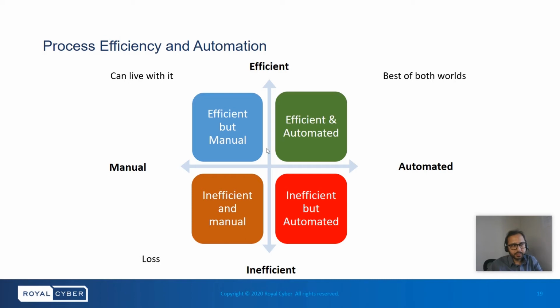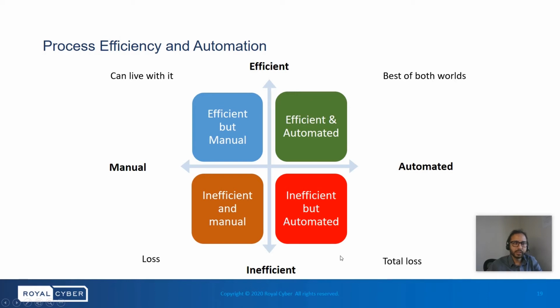If a process is manual and inefficient, that's a loss. We should not have a manual inefficient process. If a process is inefficient and automated, that's a total loss, because we have even lost the cost that we incurred on the automation of this process.